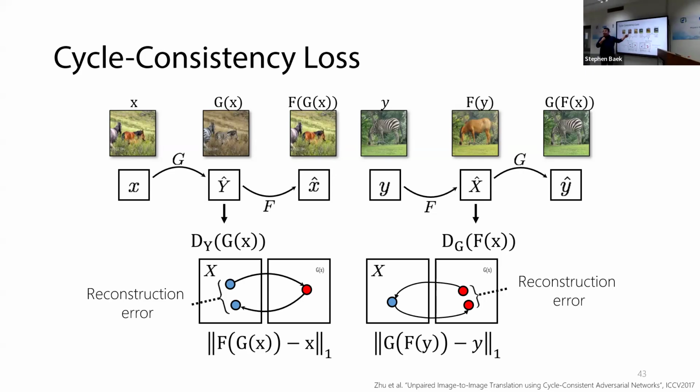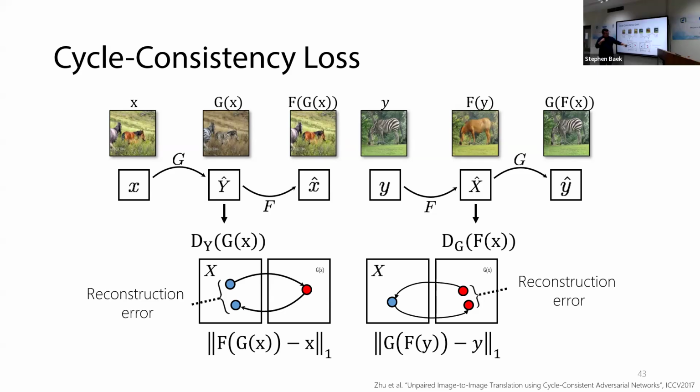And then from that zebra image, we apply the horse generator, which is the function f, to generate the horse image again. If both the zebra generator and the horse generator do their job, then when you go back and forth and come back here, the horse image generated by this process should be the same as the original image.